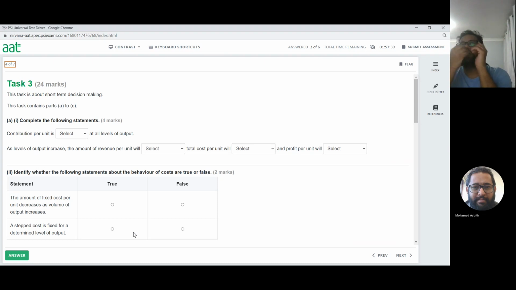So first thing is the contribution per unit at all levels of output. What do you mean by contribution? It is your revenue minus all your variable cost. If you look at the sales revenue for one item and the variable cost for one item, they do not change with any level of production, because your variable cost per unit is fixed, same as your revenue for one item.